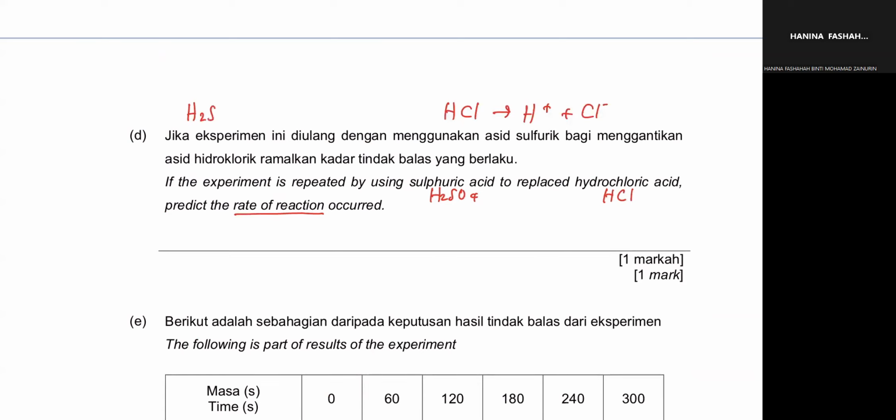If it is H2SO4, remember H2SO4 is a diprotic acid, it produces 2H+. This causes the concentration of H+ produced to be higher. If the concentration is higher, the rate of reaction is also higher, because there are more particles, more H+.